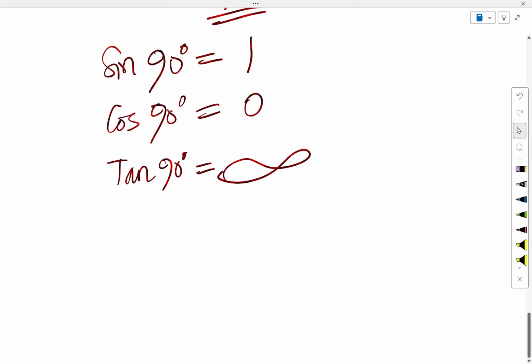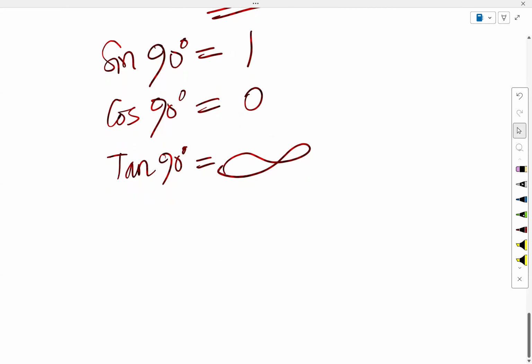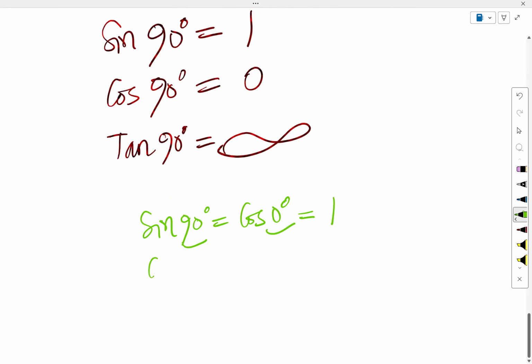So again, you see that idea that sine 90 degrees is equal to cos 0 degrees, because 90 and 0 complement themselves, and the answer is 1. You can also see that cos 90 degrees is the same thing as sine 0 degrees. Yeah, sine 90 is cos 0. So cos 90 degrees is equal to sine 0 degrees, and that is also 0.